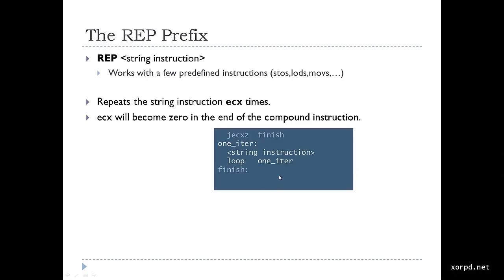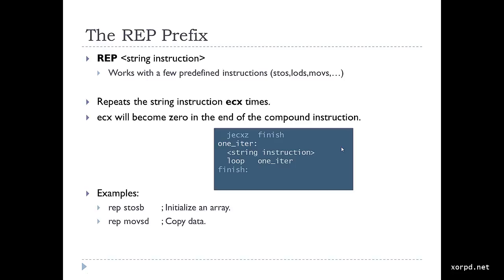This is the equivalent of using the rep prefix. As we can see here, we have one loop which simply iterates the string instruction. It invokes it in every iteration. And we also add this 0 protection to make sure that if ECX is 0, we don't accidentally do this loop 2 to the 32 times, which would be unfortunate.